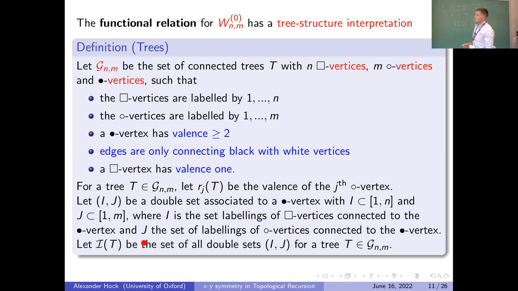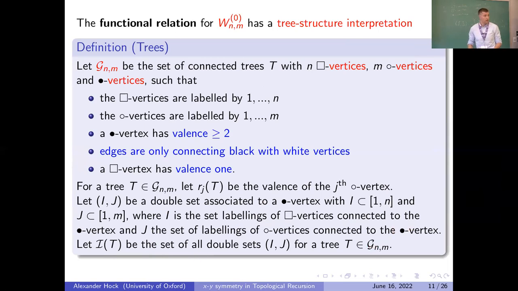So this double set says to which white round vertices or white square vertices the black vertex is connected. And this set, calligraphic I of T, is just the set of these double sets for T.